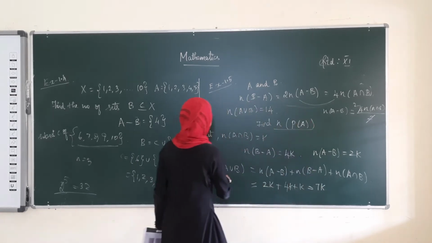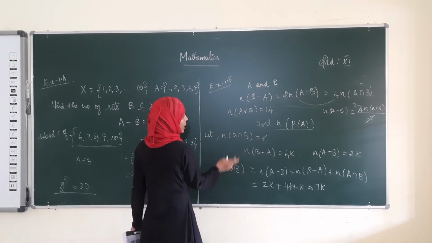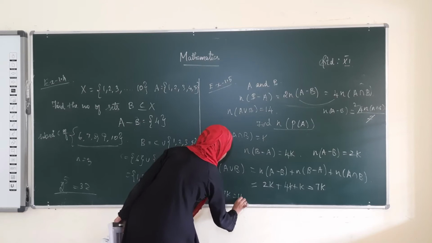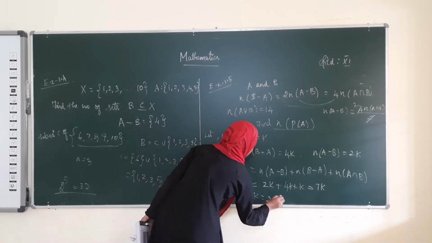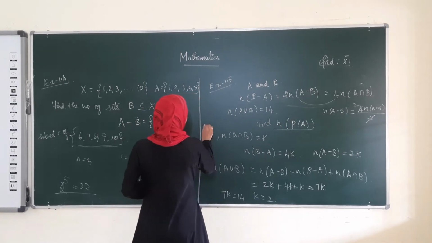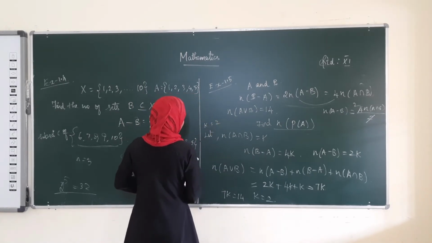But we already know n of A union B is 14, given in the question. Therefore, 7K is equal to 14. The value of K is 2.